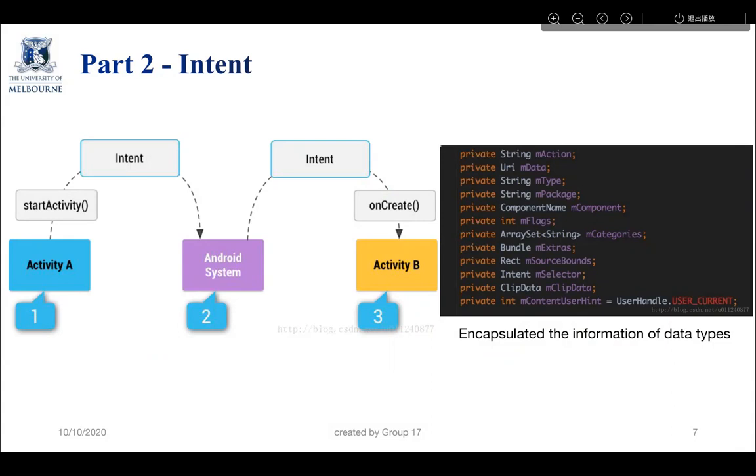The workflow of the intent is that we assume that there is an activity A that needs to start an activity B. If started by the explicit intent, the system will start the component immediately. When using implicit intents, the Android system compares the contents of the intent with the intent filters to find the corresponding components to be launched.